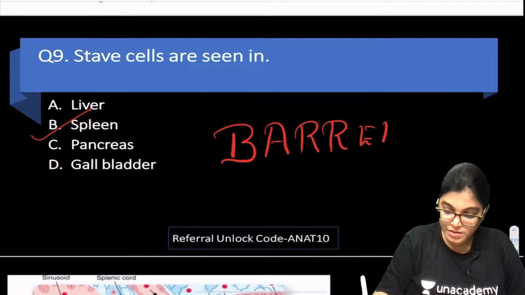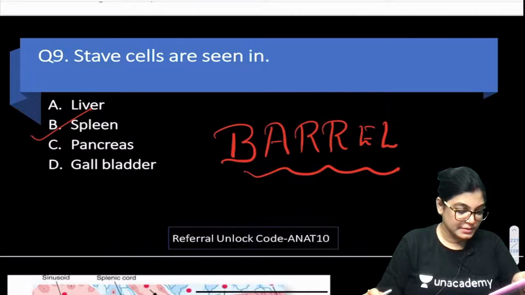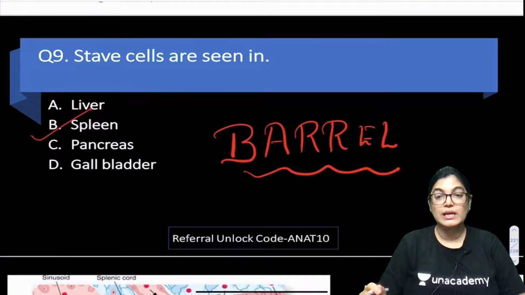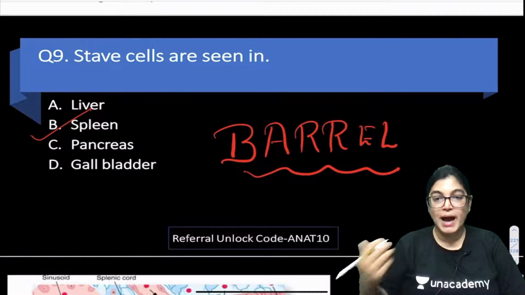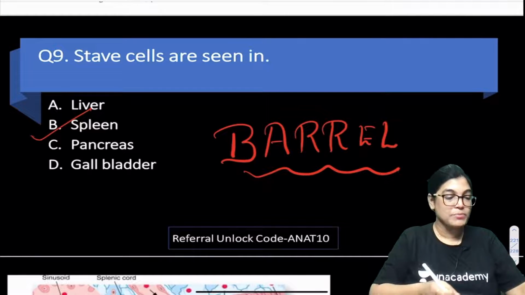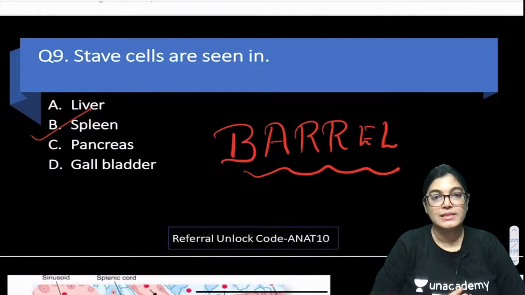So barrel, the shape is like a barrel. Okay, so actually it's a barrel shape and spindle shape. That is important. So stave cells is the correct answer.